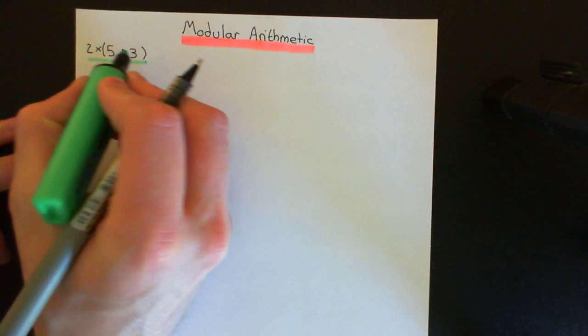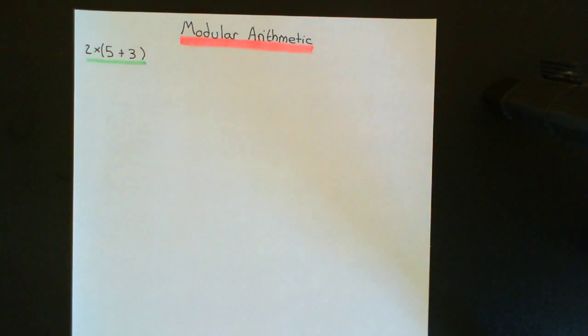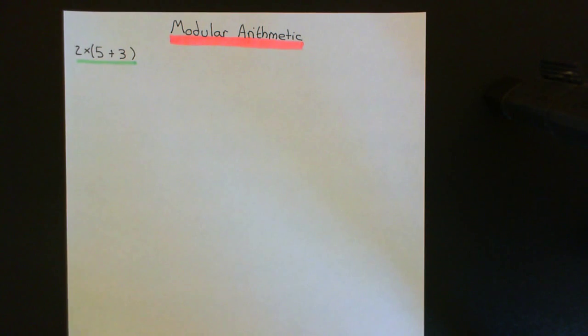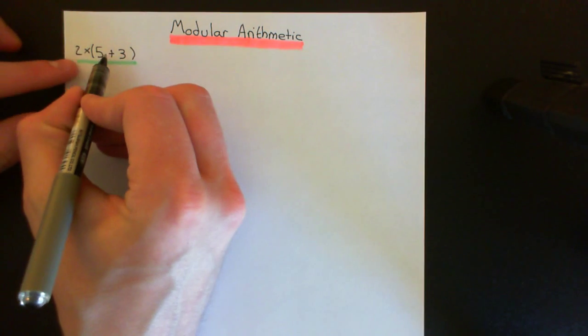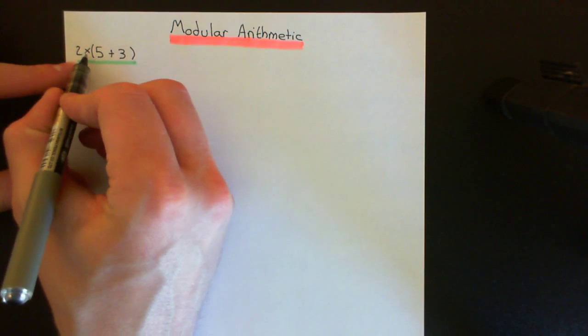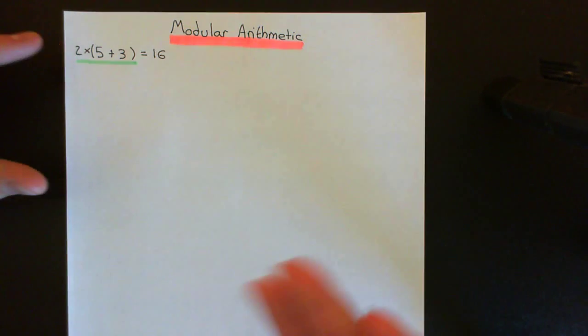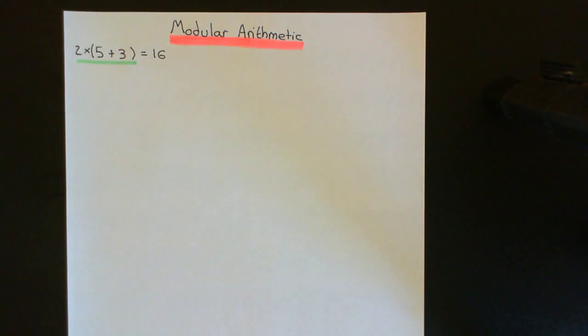Okay, so 2 times 5 plus 3, and of course you can work that out and you'll get the answer 16. Okay, that's an arithmetic problem. You just need to use the addition law and the multiplication law on the ring of integers here to work out how much money I've overall got at the end of the day, 16.